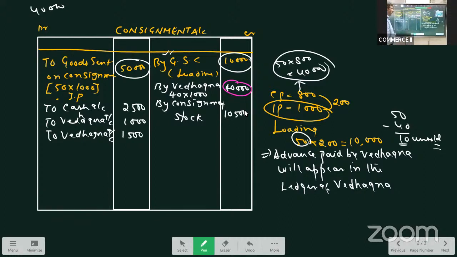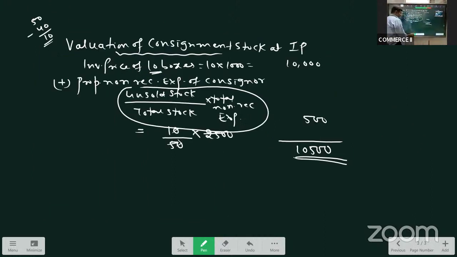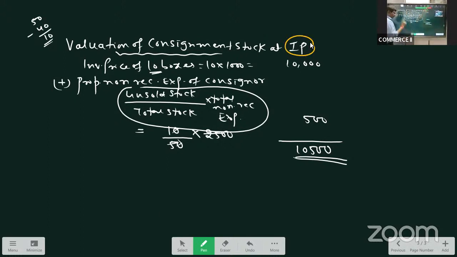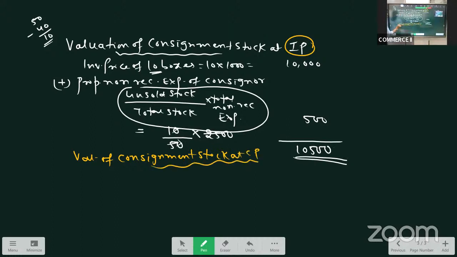Right? Remember that I said in case of invoice, we have to do the valuation twice. We did it at first instance at what price? Invoice price. Again, we have to do the valuation of consignment stock. Valuation of consignment stock at cost price now we have to do. So, cost price of 10 boxes.